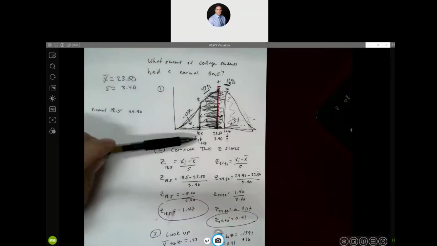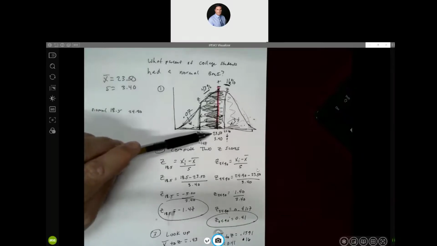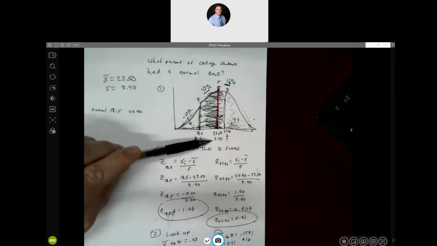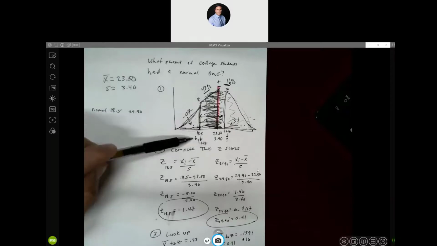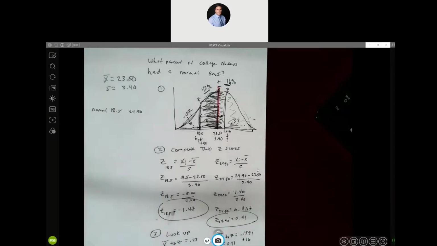I think if you can intuitively understand that what this z-score represents is a standard score when the mean is 23.50 and the standard deviation is 3.40, this standard score for a score of 18.5 is a negative 1.47. It would always be a negative 1.47. Do you understand that?